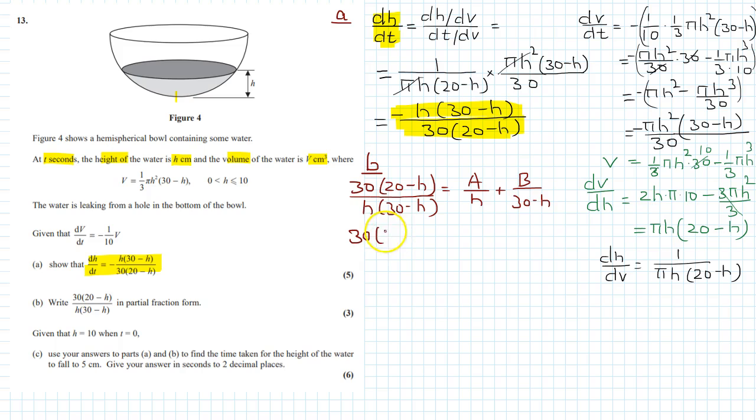So 30(20 minus h) is equal to a(30 minus h) plus b h.